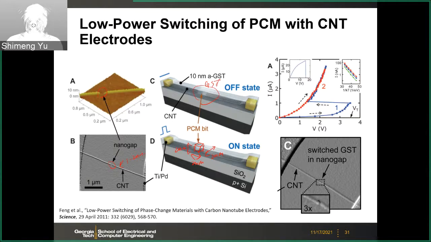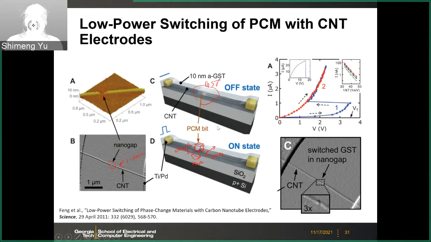The reason they use carbon nanotube is because this volume is beyond any reach of the lithography we have so far. Even with the EUV, you cannot make 2 nanometer by 2 nanometer by 2 nanometer features on the chip. So this is just a scientific experiment to artificially use a carbon nanotube as the electrode.